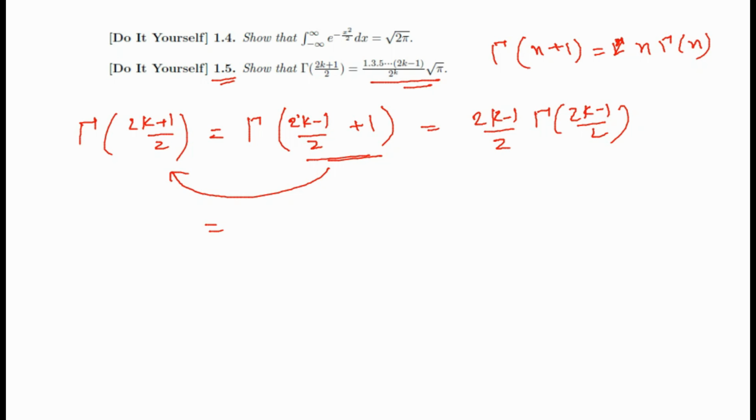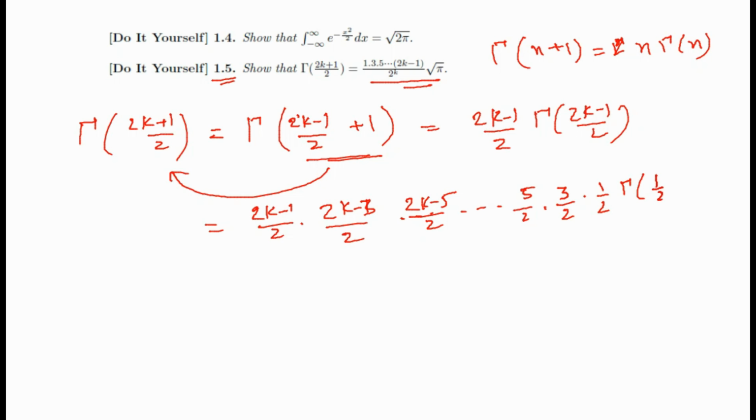And like this you can write (2k minus 1) by 2 into (2k minus 3) by 2 into (2k minus 5) by 2, and like this you will go to 5 by 2 into 3 by 2 into 1 by 2 gamma half, and this is root pi, and ultimately we will get that result.